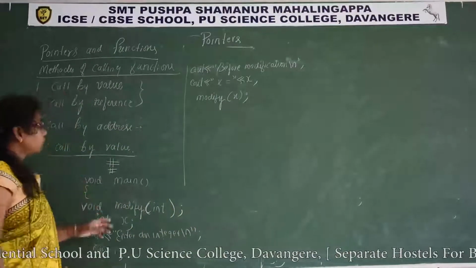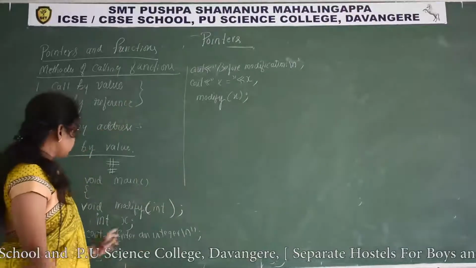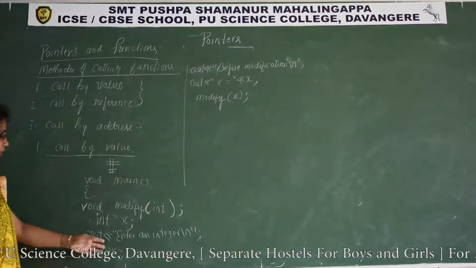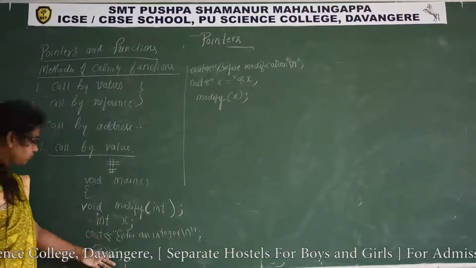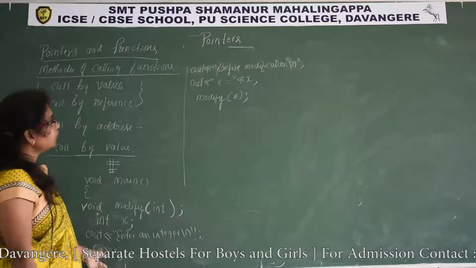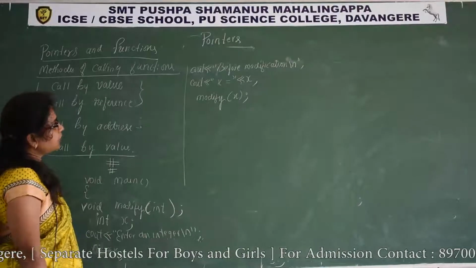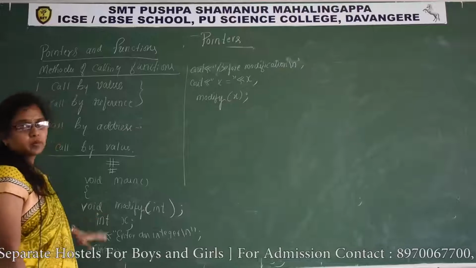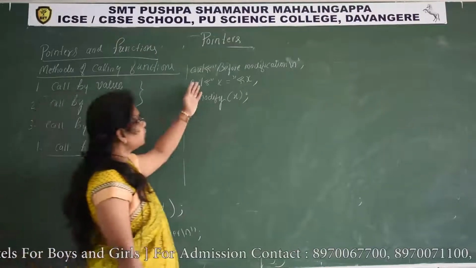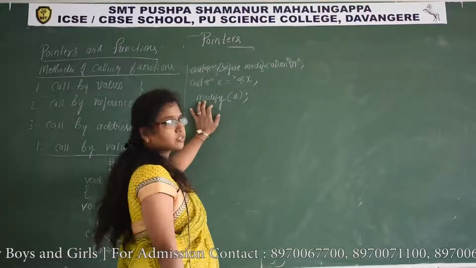What we understood by seeing these statements: first we declare a variable, and to that variable I will enter a value, so that's why I have written the cin statement. After that, once I display the content of that variable, let us call a modify function.